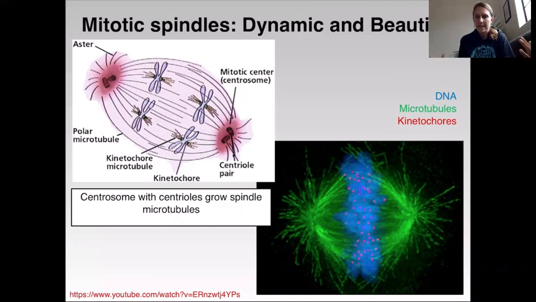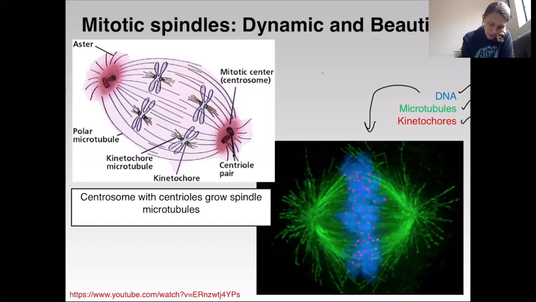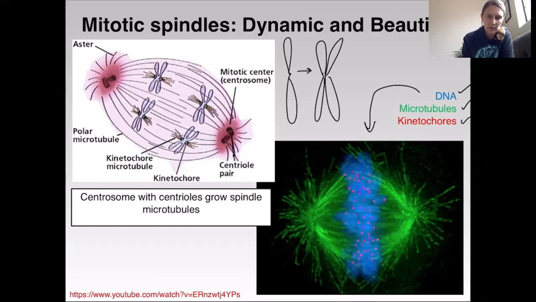But they're dynamic. They're moving, and if you stain them with certain things, so for example, in this diagram below, we have a DNA stain in blue, microtubules in green, and the kinetochores in red. Remember that when we have a chromosome, so here is an individual chromosome, remember that in S phase, they get duplicated to create sister chromatids that are held together at the centromere.